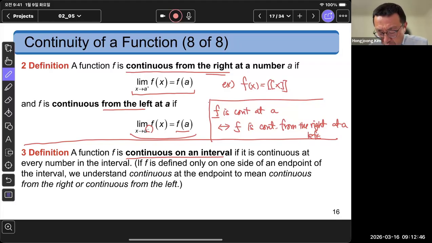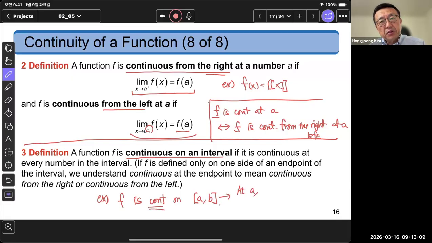I mean, if people say f is continuous on some closed interval, say from a to b, then at a we imply the continuity from the right, and at b we imply the continuity from the left.